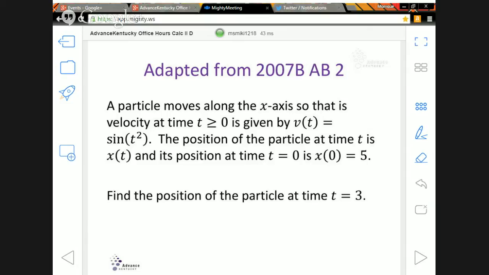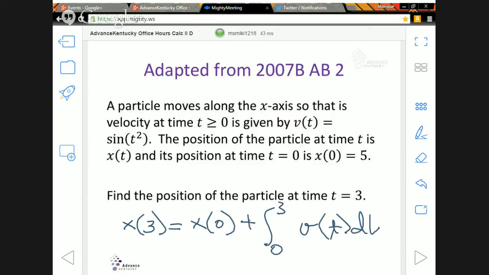So what we want is the position of the particle at time t equals 3. The position that we know is the position at time 0. So using the fundamental theorem of calculus, if I add the net change between time 0 and time 3 of the velocity function, since velocity is equal to the derivative of the position function, this will give me the position that I want.